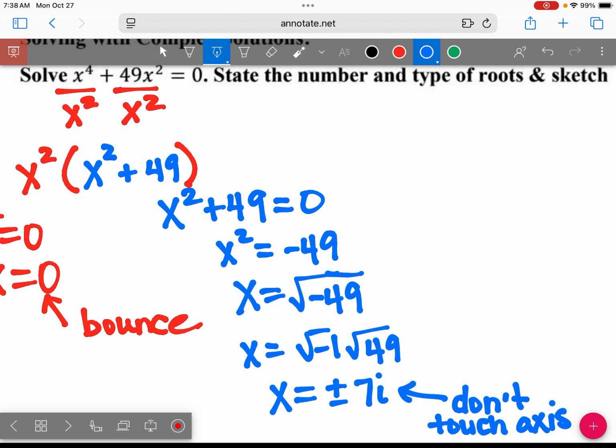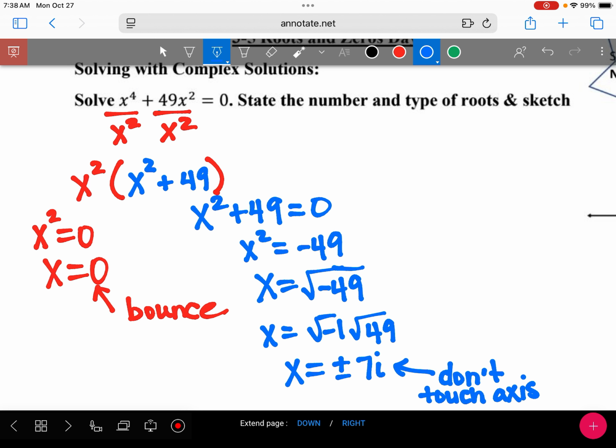So we started off with a 4th degree. And it's even. And it's positive. So what does that tell me about the arrows? What should my arrows do if it's even positive? Somebody other than Chris. What do the arrows do when it's even and positive?